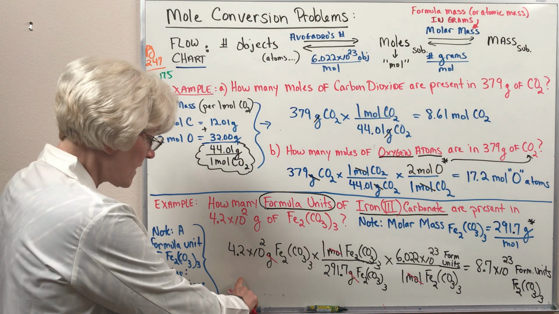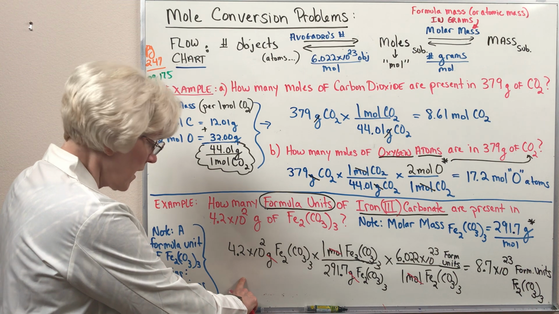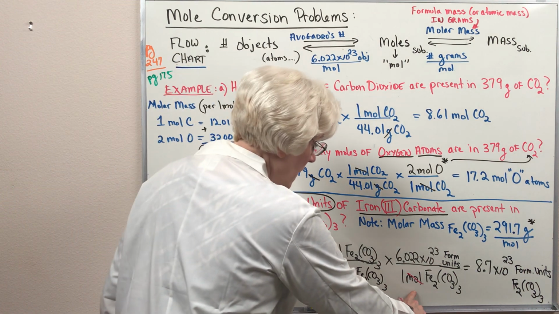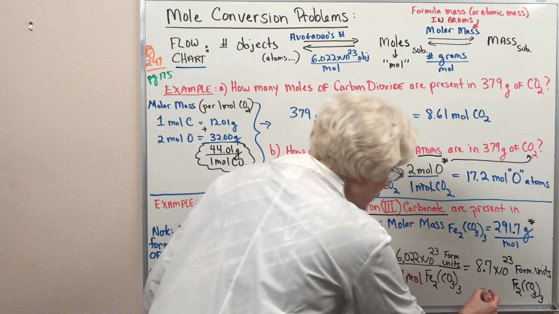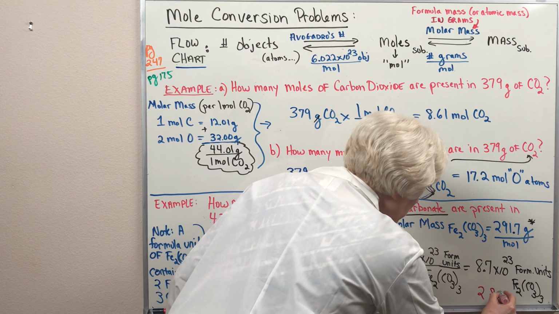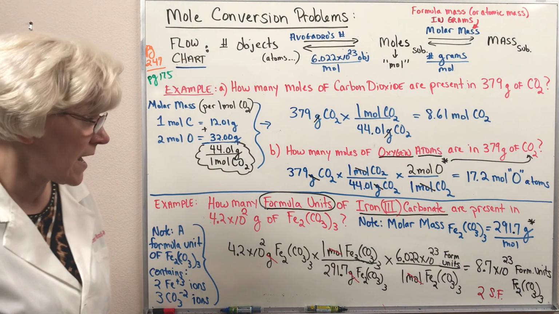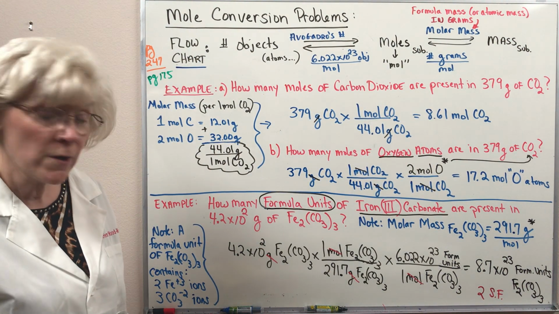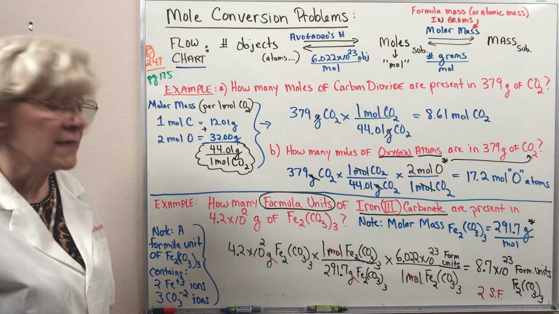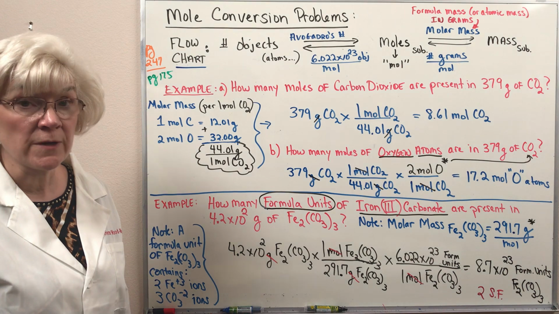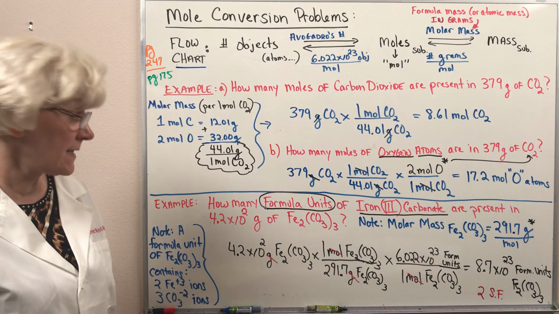Looking at the sig figs, 2 sig figs in this original starting mass, 4 sig figs in the molar mass, 4 sig figs in Avogadro's number. Our answer can have no more than the smallest number of sig figs used in the calculation, so we will report 8.7 times 10 to the 23rd formula units of iron 3 carbonate present in this sample.